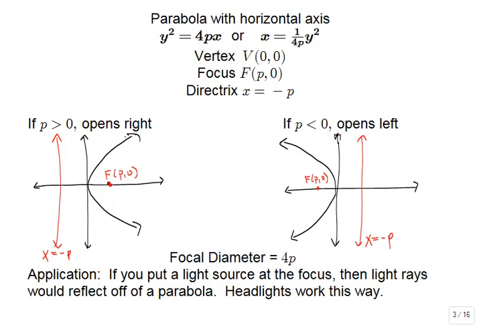If p is positive, we're going to point to the right, and that focus will be on the inside at p, 0, and this time our directrix will be a vertical line with equation x equals minus p. If p is negative, our parabola points to the left, the focus is still on the inside of our parabola, and our directrix is still a vertical line with equation x equals minus p.